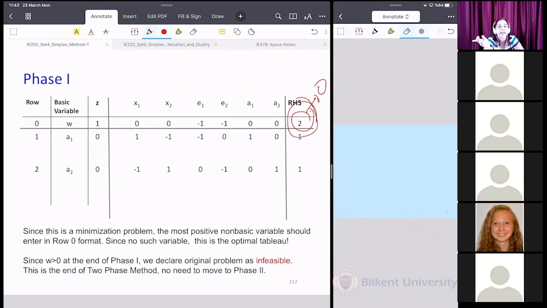From phase one, I can't deduce anything else because I'm minimizing A1 plus A2. Both are non-negative variables, right? So minimizing, I could never get unbounded in here. It can never be unbounded, all right? It will be optimal because my artificial problem is already feasible.